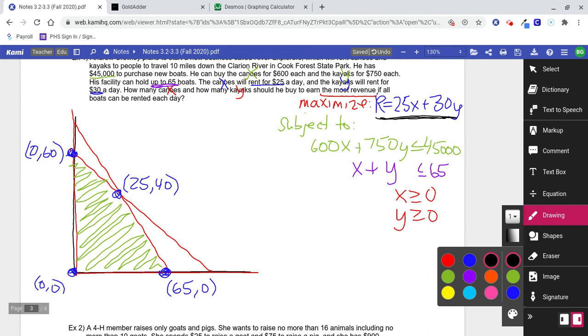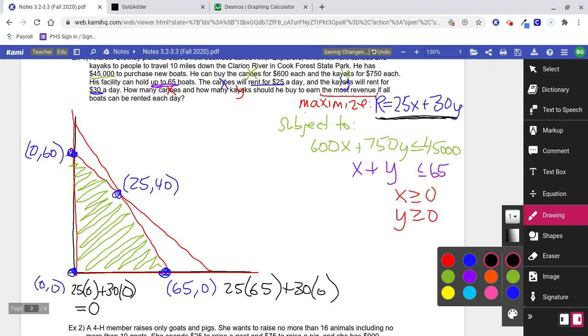So plug those numbers in. 0, 0 is obviously going to give you 0, but you have 25 times x plus 30 times y. That equals 0. And 65, 0: 25x plus 30y.